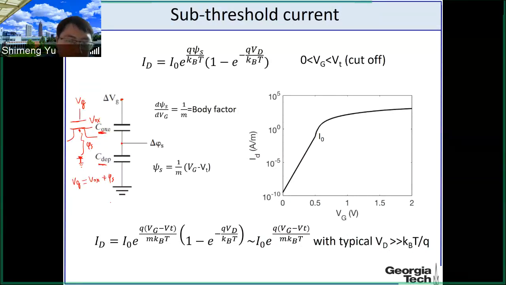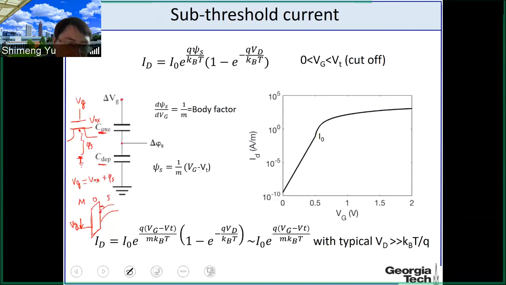Or in other words, if you recall the band diagram of the MOS structure from lecture 8, you apply the gate voltage here to bend down the band, and then this phi s is the bending down of the surface band edge.